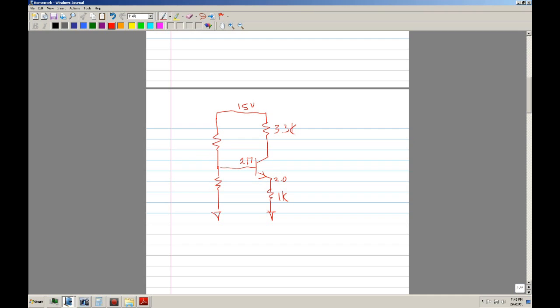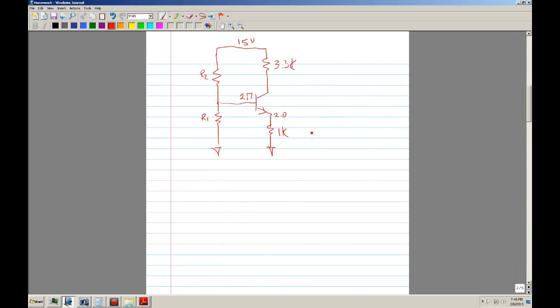We said this is R2, R1. Now the thing is, beta means that this current is called the base current, and this is IC. Beta is actually a ratio of the collector current divided by the base current.